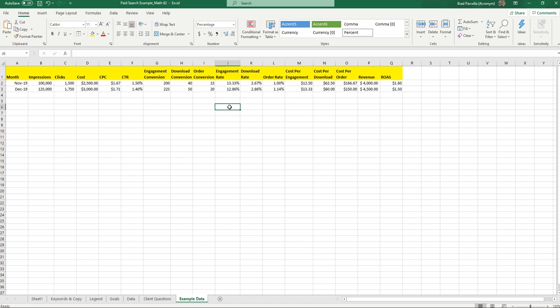Engagement is a softer, easier conversion. It's not necessarily somebody who is ready to buy. And then as you go down the funnel, you'll notice that the rate is much lower because you're weeding out the people who are not necessarily as interested, and then finally down to orders where you get the fewest number of people who are ordering, and that's just a natural progression in the way searchers search and our buying behavior.